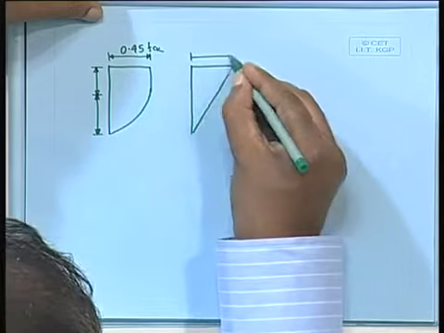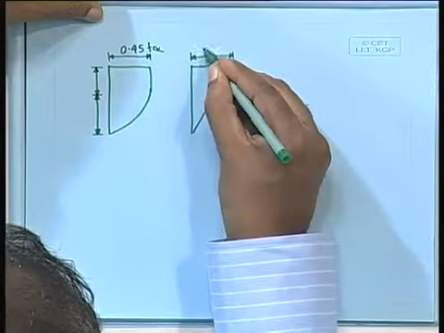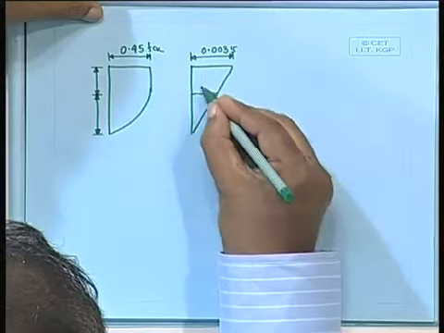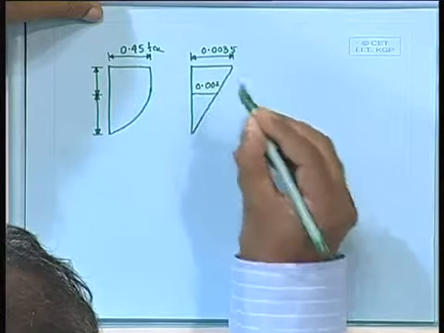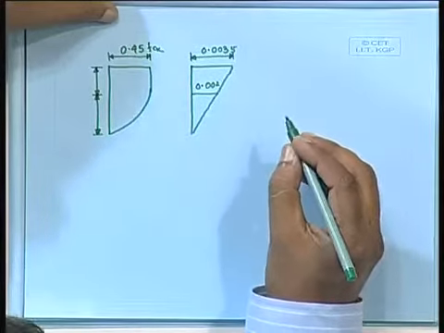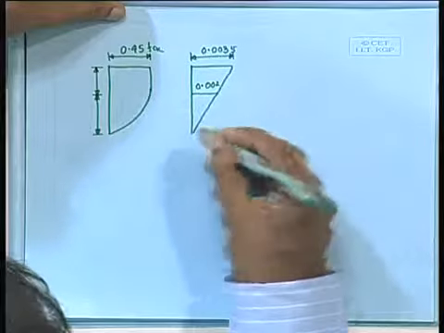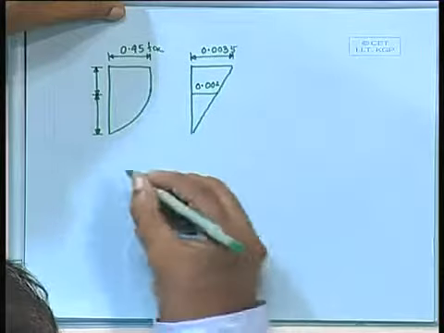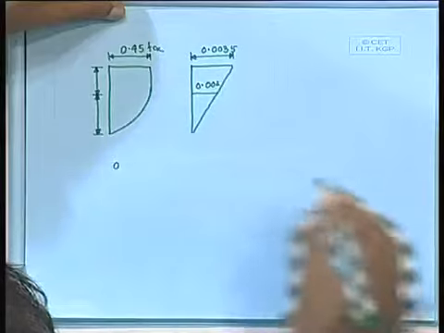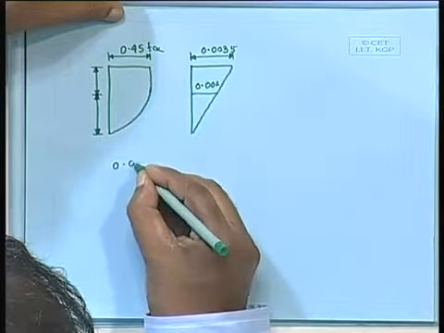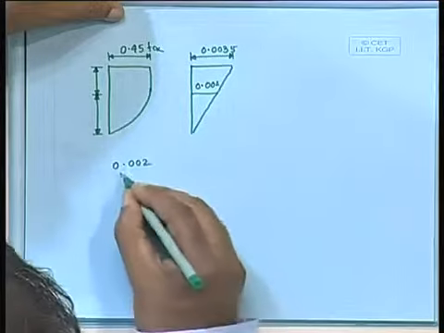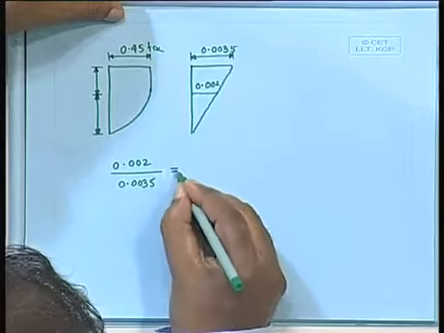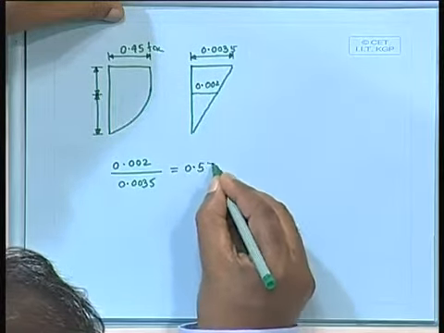The strain here is 0.0035. This is 0.002. So what about this value? This one will be equal to this value. Let us find out 0.002 by 0.0035, which will be 0.57.